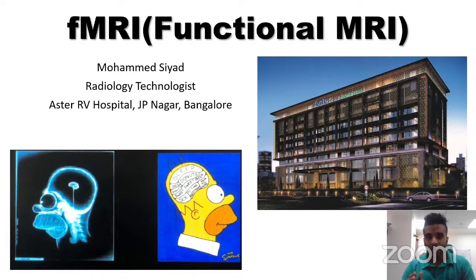At a point of time when you are engaged in a specific activity, a particular region in your brain which controls that activity gets activated. That activation is what we call metabolic functioning. This metabolic functioning we see in the format of activation. This is basically all about what fMRI is.